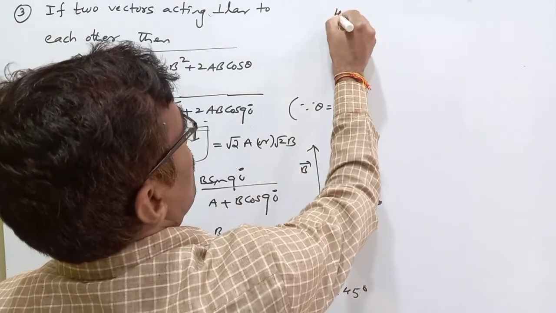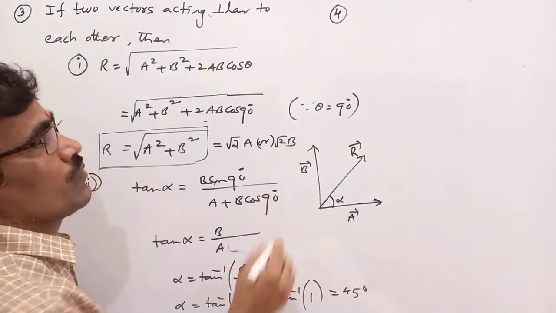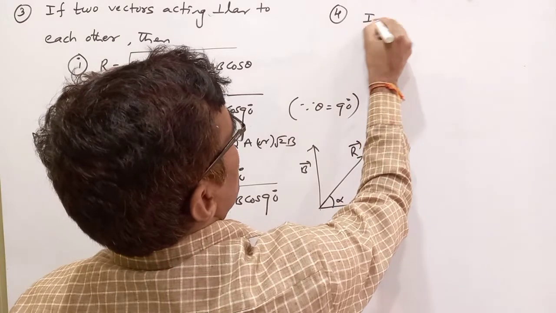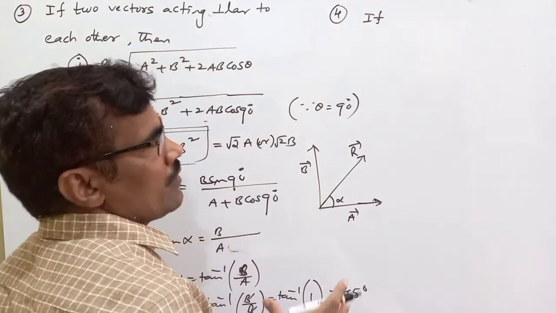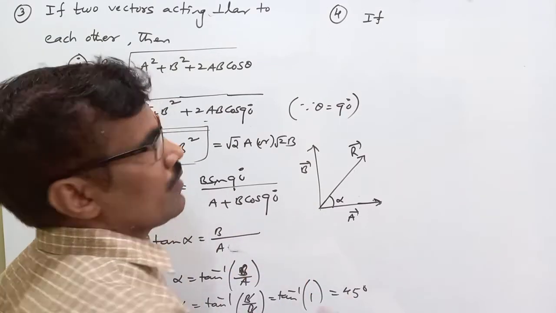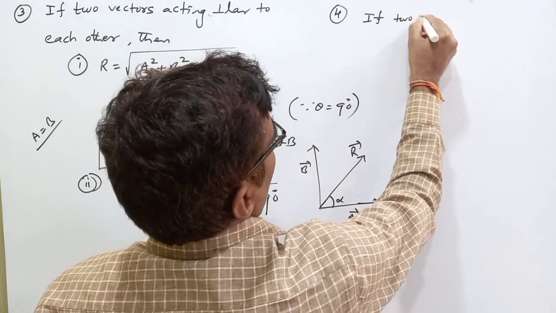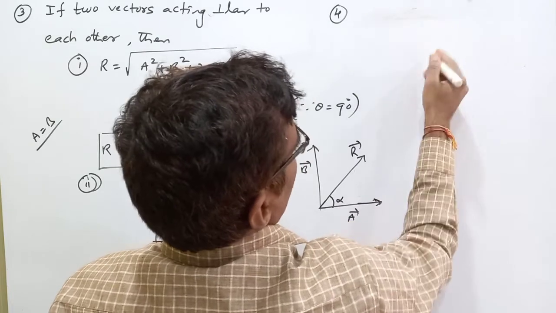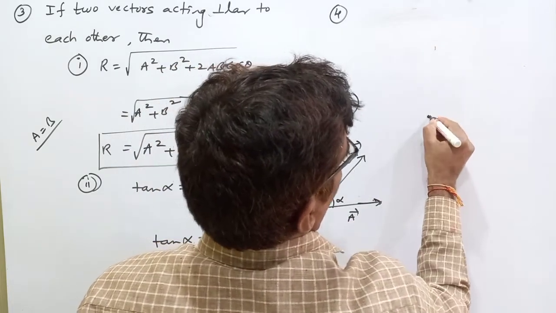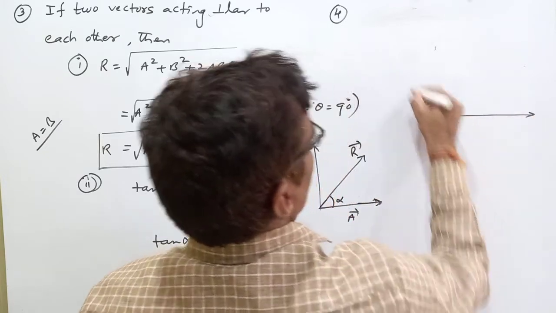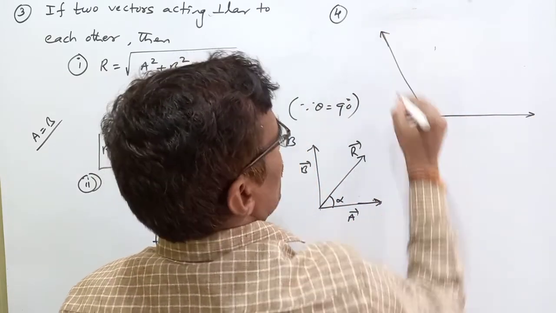Okay. Next, last case. If two vectors are acting at some angle, suppose here like this, better. Here two vectors are there. One is this side, another one this side, right?